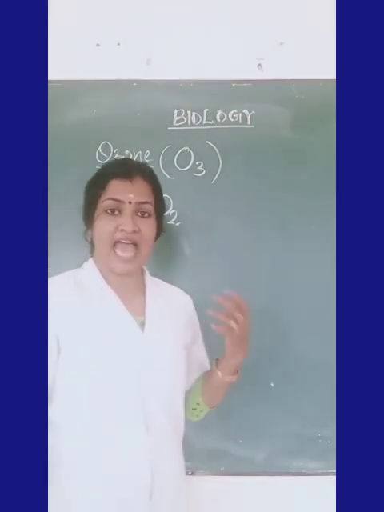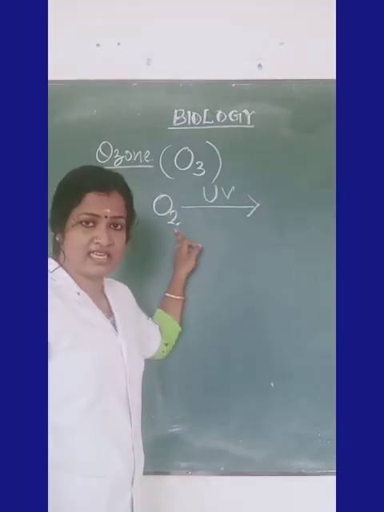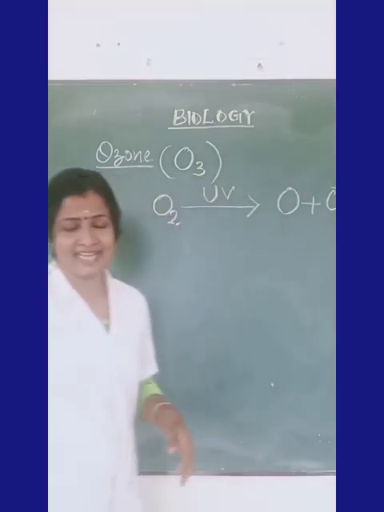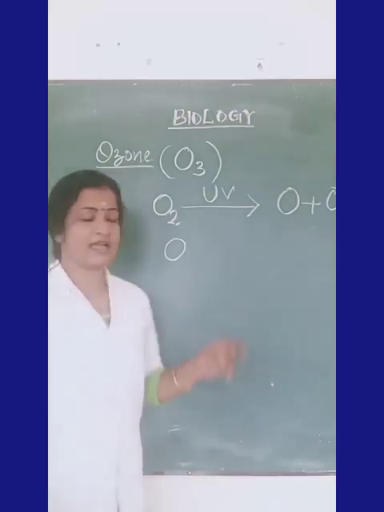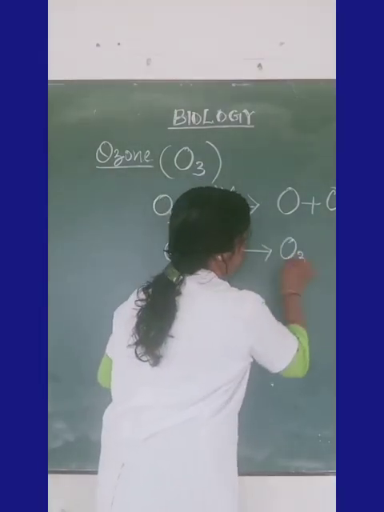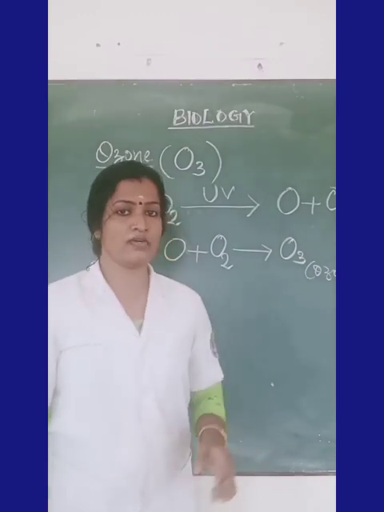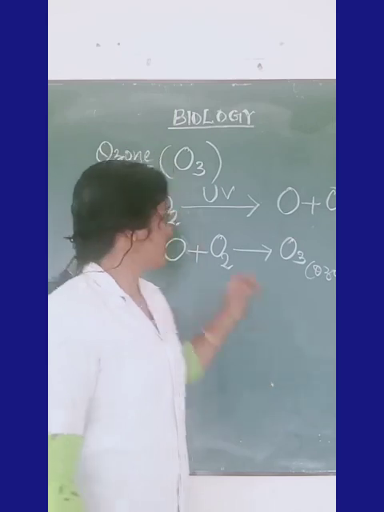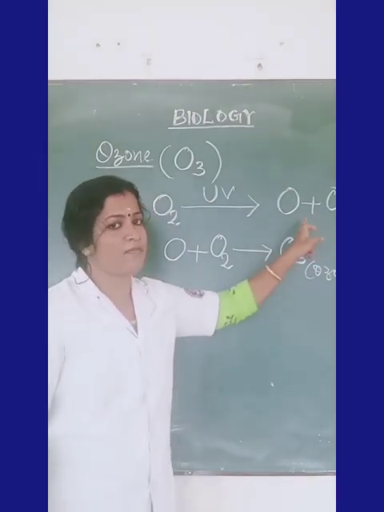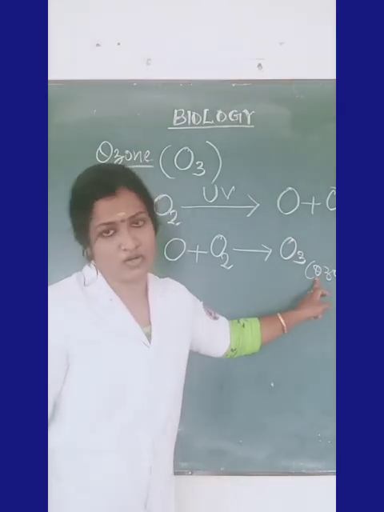Okay, so by the action of high energy UV radiations, this molecular oxygen splits to form free oxygen atoms, that is O plus O. So O2 in the presence of UV splits to form free atoms of oxygen, that is O plus O. Then these free atoms of oxygen combine with an oxygen molecule to form ozone, or O3.